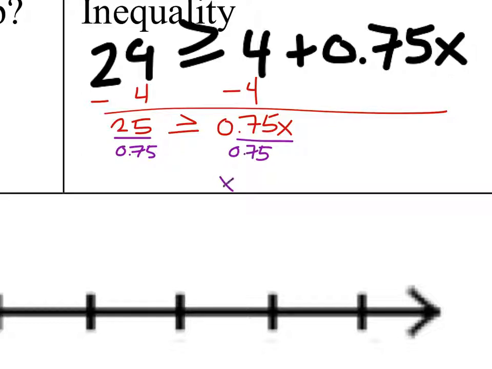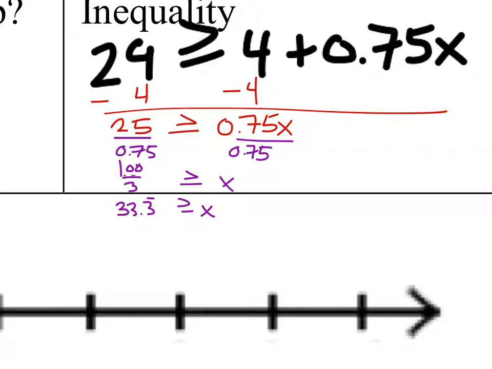So I see that we didn't do anything with negatives on that, so the inequality stays the same. That's what I got, 75 thirds. Let me make sure I did that right. No, it's 100 thirds. Take that back, not 75. It's 100 thirds, which comes out to about 33.3 repeating.